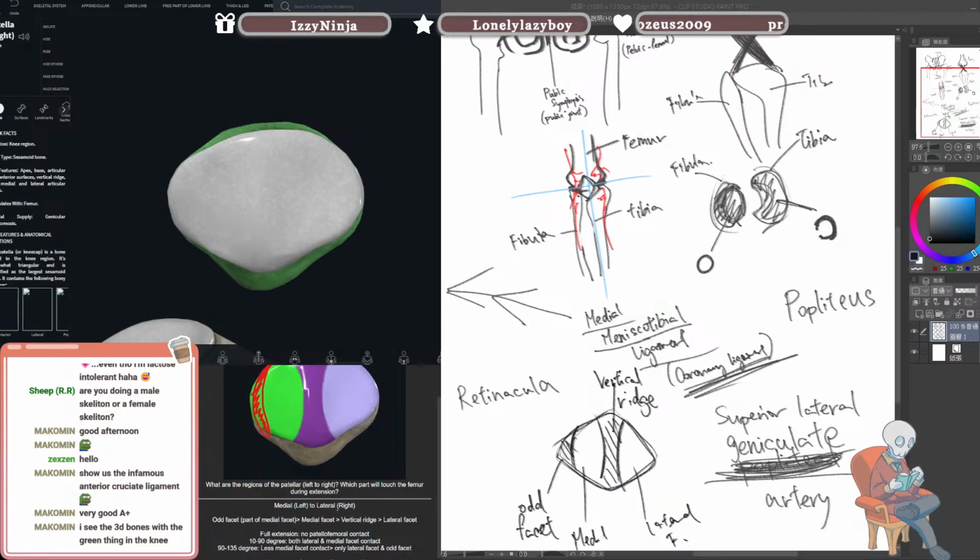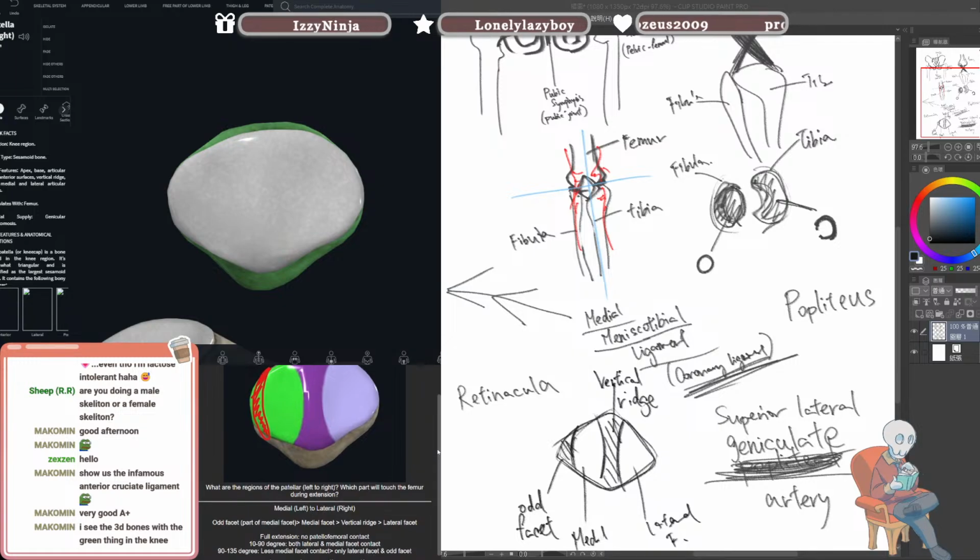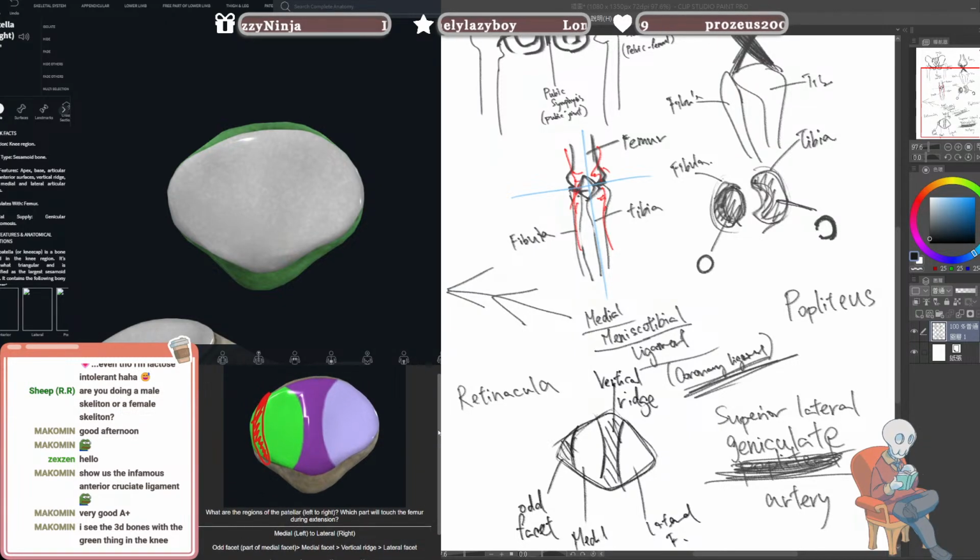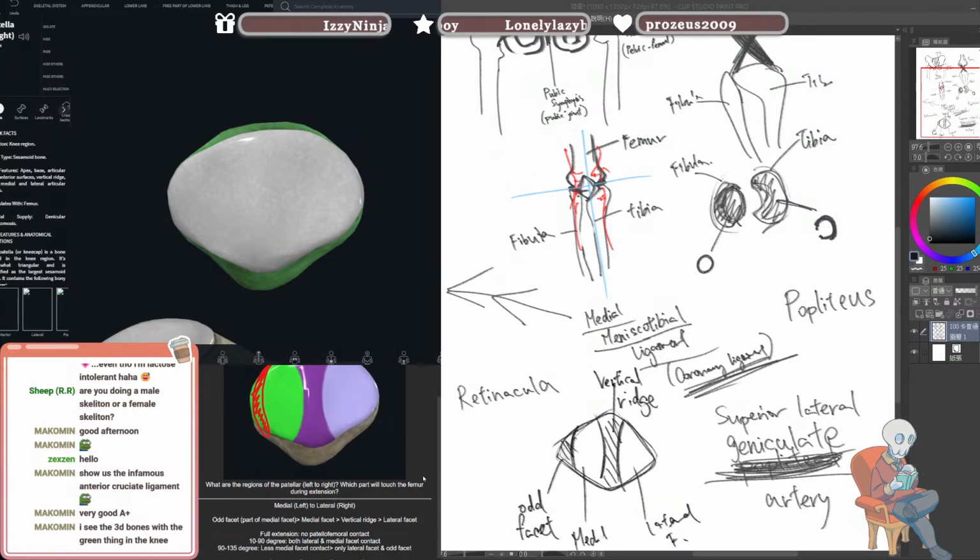During extension, which means you're standing straight, there's no patellofemoral contact, meaning your leg bones do not touch the kneecap. But when your knee is 10 to 90 degrees bent, you touch both the lateral and medial facet.